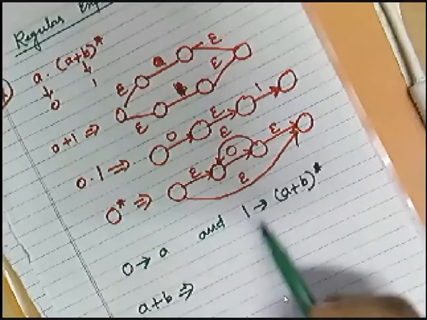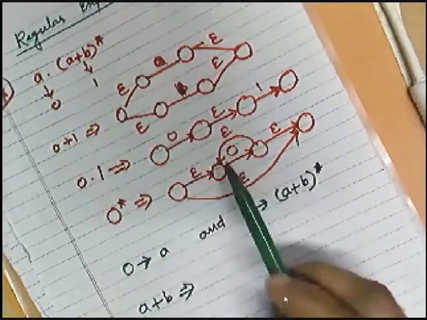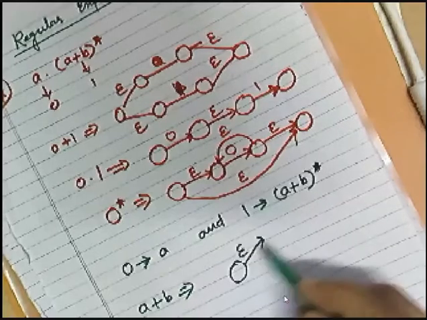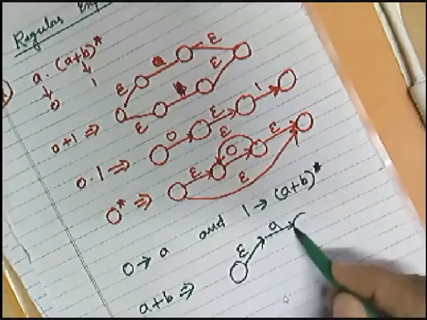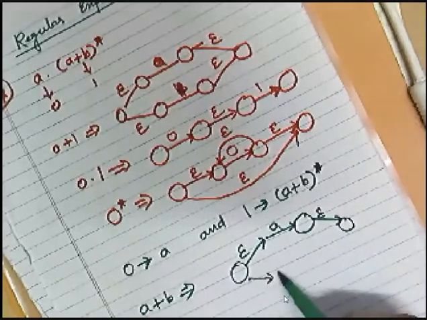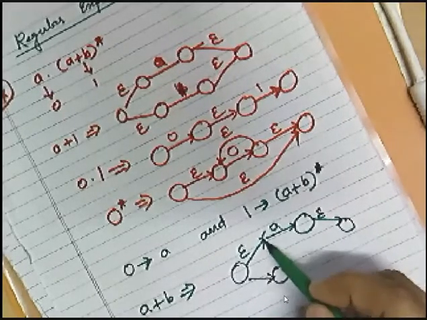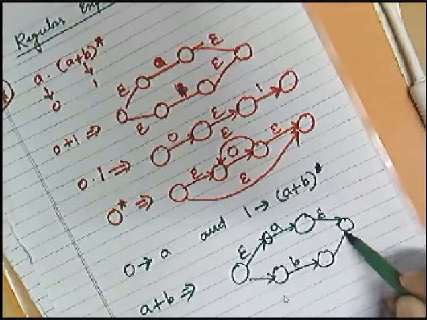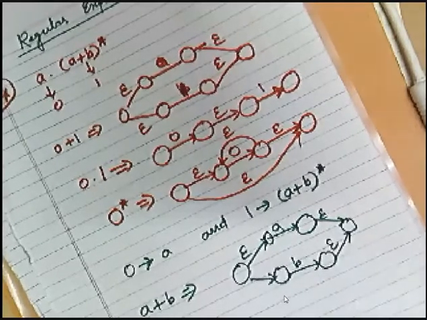Second is, what will be the A plus B whole star? So 0, epsilon move, A, epsilon move, then B, epsilon move and epsilon move. So this is my A plus B.